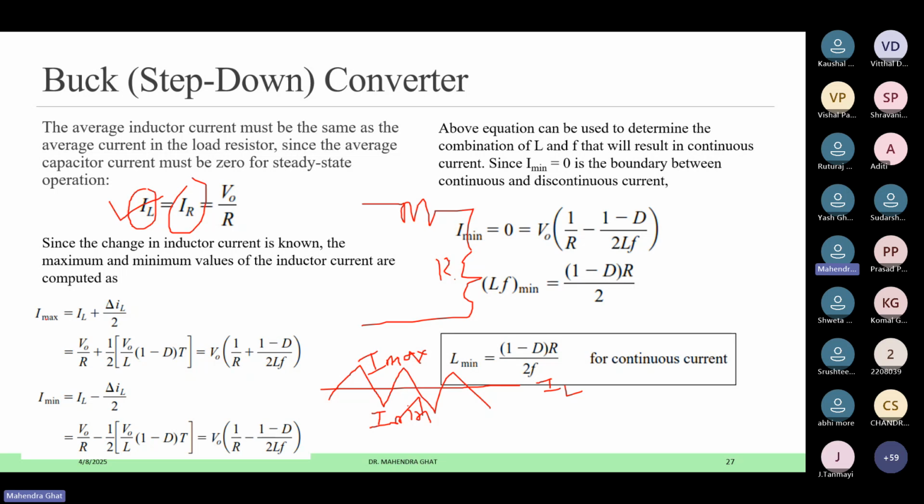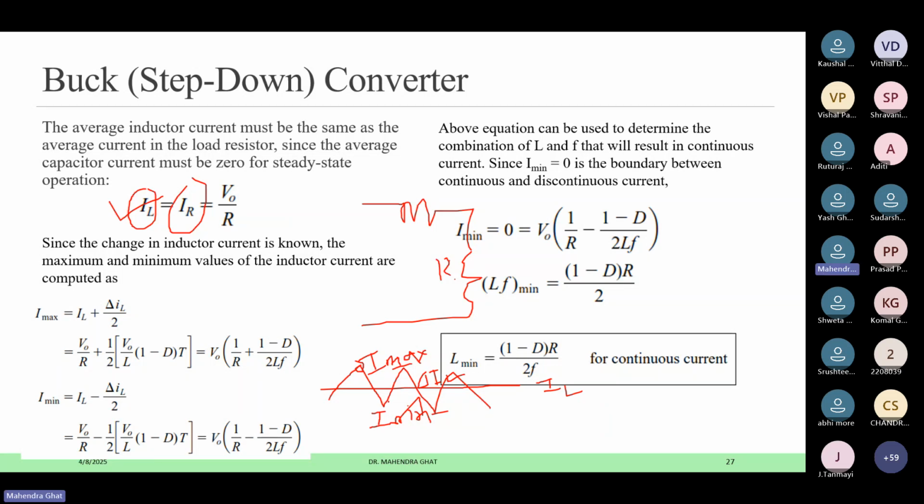Okay, so the I max value, that is how you will get whatever the average current is there. If we add this, this total is the delta IL. So if we add half of the delta IL to the average value, you will get the I max, which is IL plus delta IL by 2.